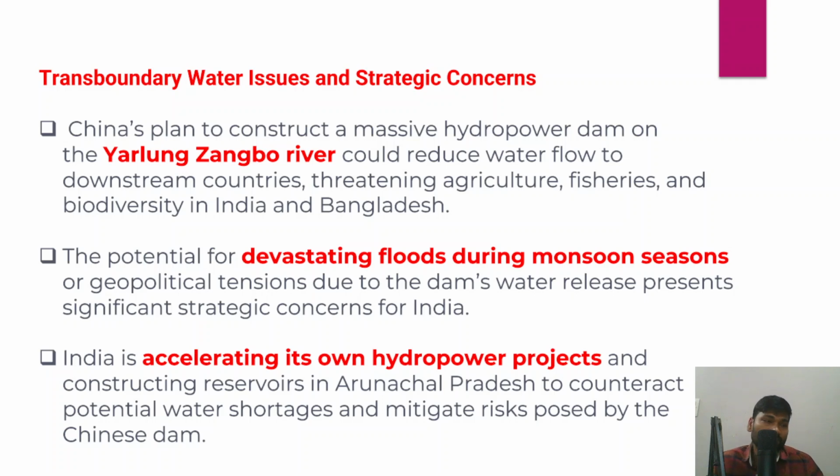because it may have implications for water security in the South Asia region. So if China builds a dam, right, it is also said that the future wars are water wars. Now, the transboundary water issues and the strategic concerns associated with them.